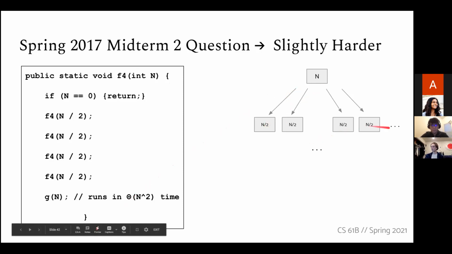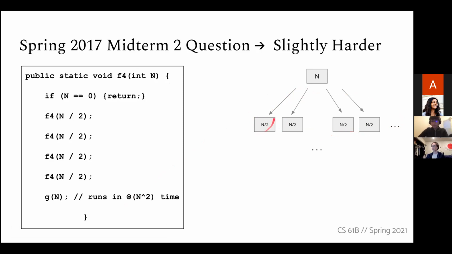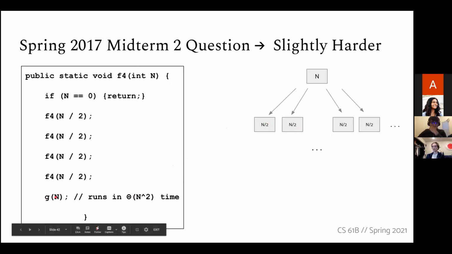We have these 4 new nodes being recursively called, each with an input size of n over 2. Each of these will have their own recursive calls, but the total amount of work being done for each node is equal to n squared of its size. So the original node will be doing n squared work, and each of these nodes is going to be doing n over 2 squared work.